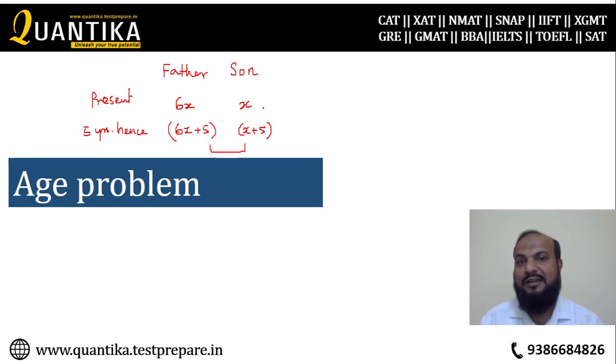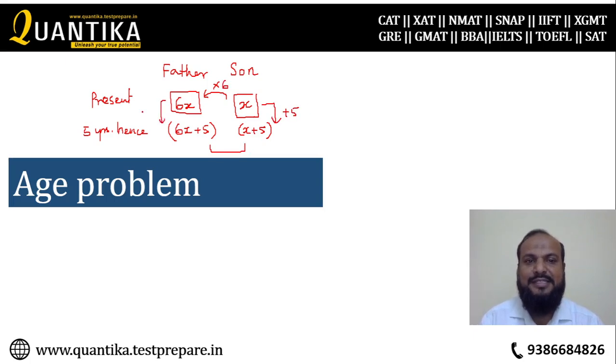So how do we tackle such a question? We will assume the son's age to be x at this point of time and the father's age to be 6x, as it is 6 times. So you multiply it by 6. Now after 5 years, the son's age would be x plus 5 and the father's age would be 6x plus 5.